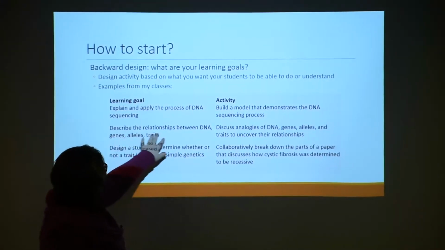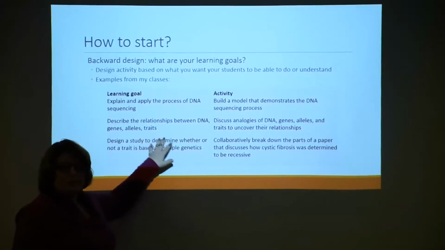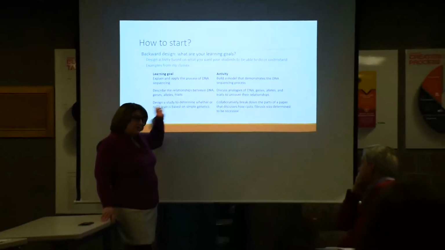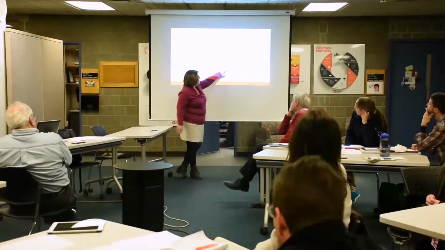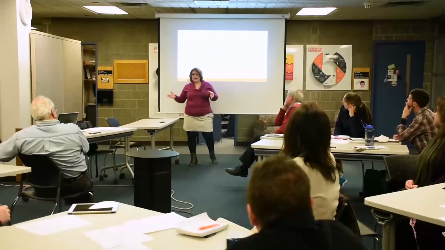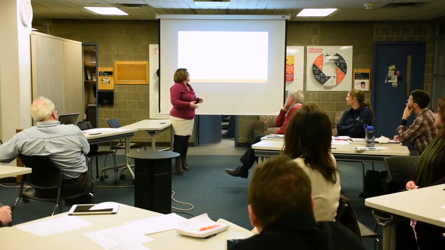Another one: describe the relationships between DNA, genes, alleles, and traits. These are terms that are really important and that students get confused between all the time. So I have an activity with analogies, and I make the students really explore the analogy and think about the relationships between these things.